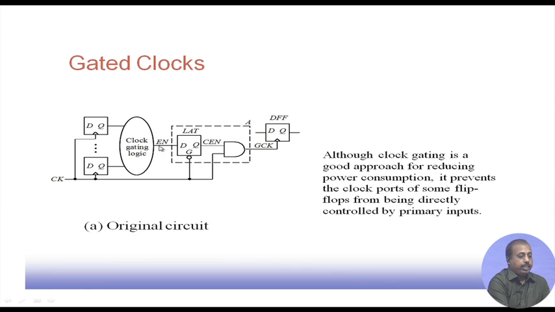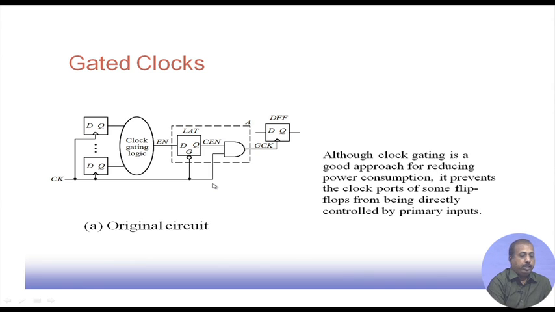The clock gating logic generates this enable signal, and this enable signal is latched here, and then this is ANDed with the clock, and this finally generates the clock enable. So, this clock enable line is generated, and that is the gated clock given to the final D flip flop, where we should have connected the clock line.